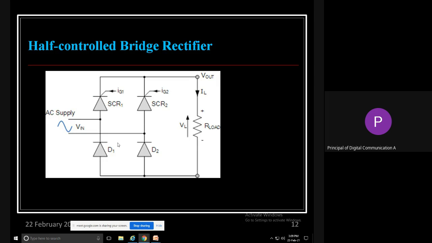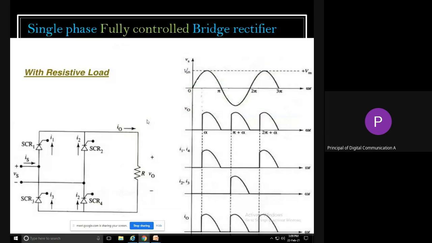Now we will discuss this one, that is the fully controlled and half controlled. So just observe the diagrams for this half controlled bridge rectifier and the earlier fully controlled bridge rectifier. So you can observe the number of components, that is half control and full control.